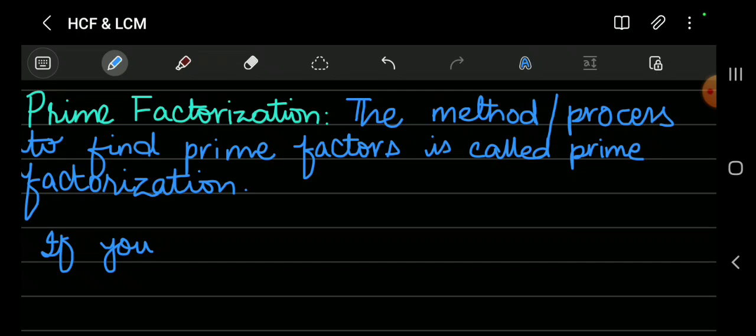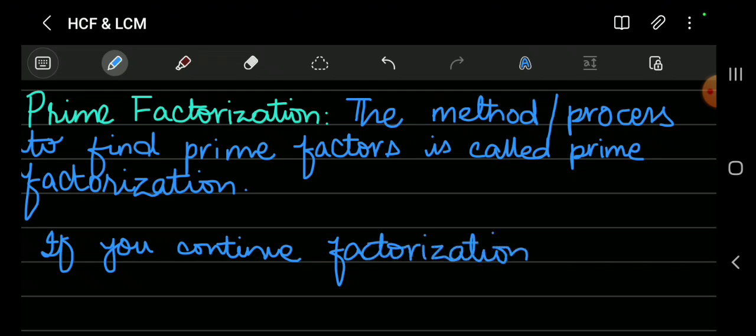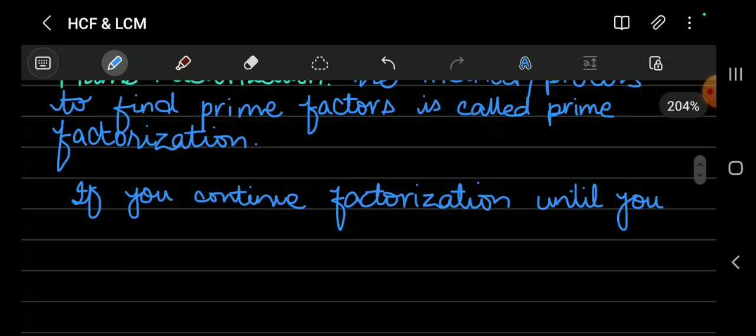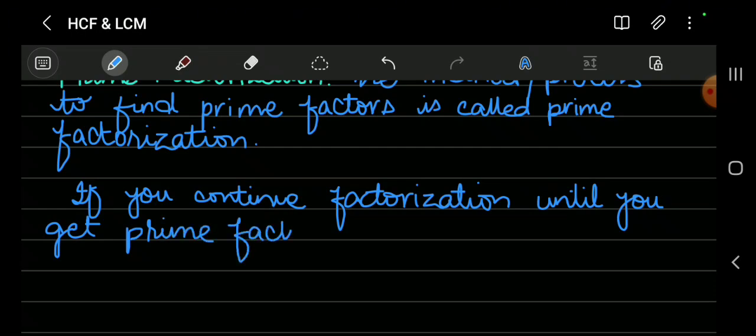If you continue factorization until you get prime factors, it is called prime factorization.